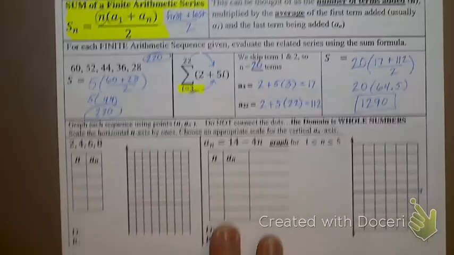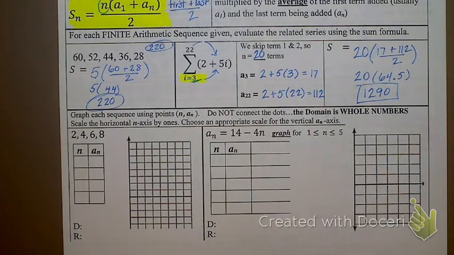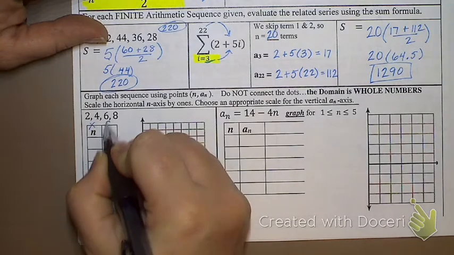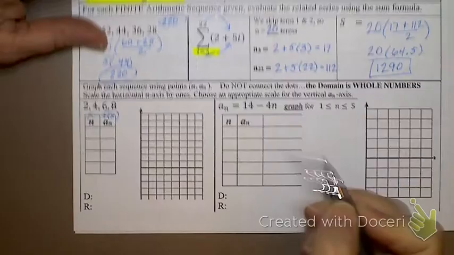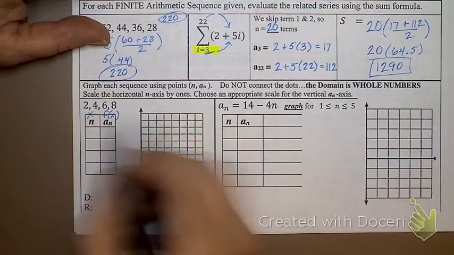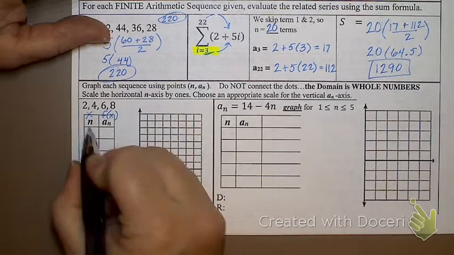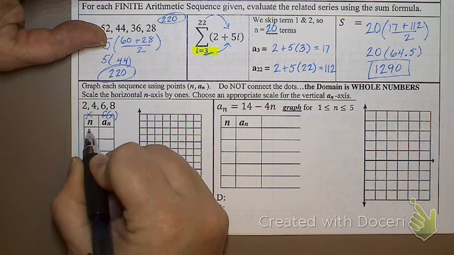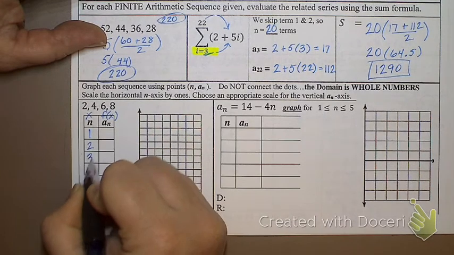Okay. Graphing. We've done some graphing, haven't we? Now they use that other notation. We know this is x and y, or x and f of x. So if I wanted to do my xy chart here, what would I put in this first column, my x column? 1, 2, 3, 4.